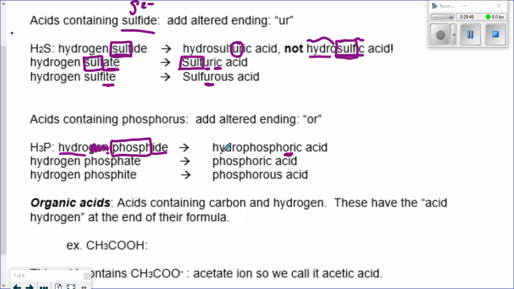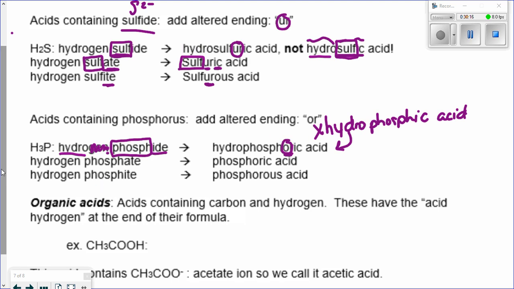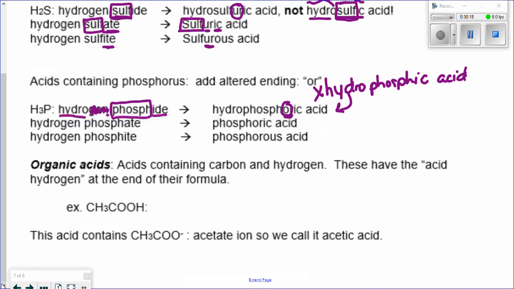So instead of being hydrophosphic acid, it's hydrophosphoric acid. That OR and that UR come back into play for sulfur and phosphorus containing compounds. Just keep that in mind, and try to stick with that if you come across it.